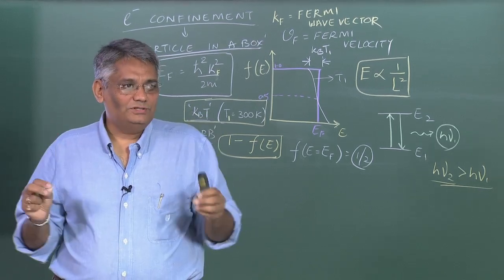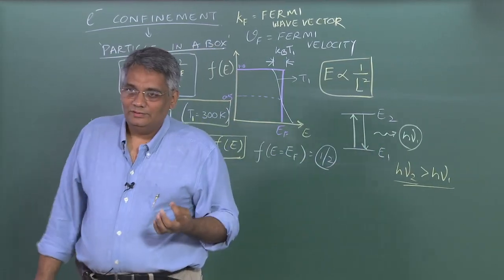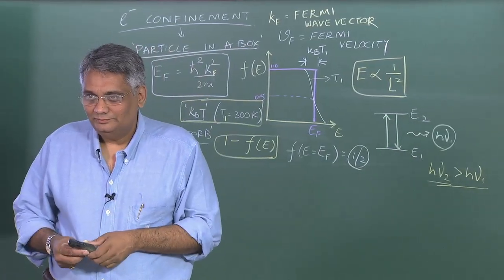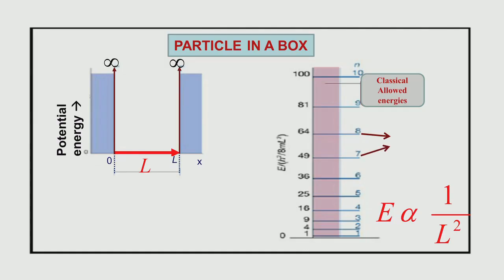So what you see here is a typical example of size dependent quantum confinement effect. Okay. Now, so you have all these discrete levels. Okay, what happens to this particle, this single particle, which is inside the potential well?